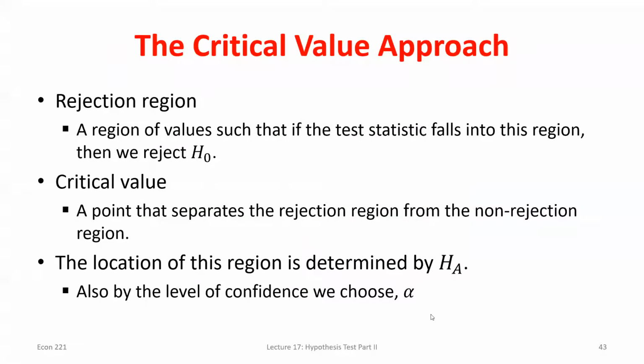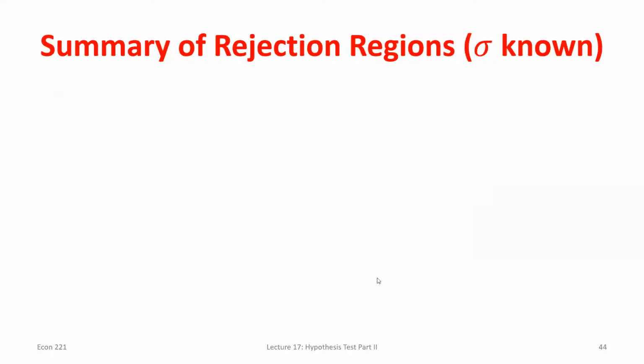Okay? So we talked about we're going to want to set up these rejection regions. The way that I actually figure out what my critical value is going to be is based off of the type of test I have. You can kind of see that through what I was drawing up there, but also what level of alpha I want. Okay?